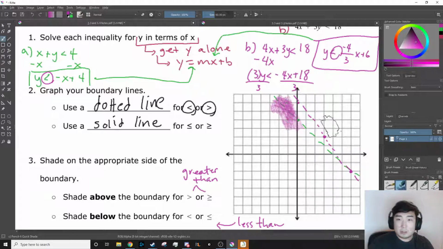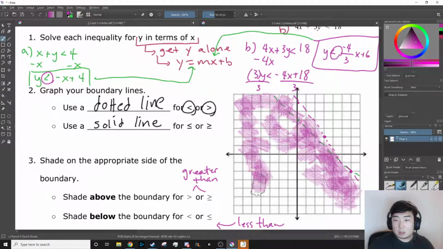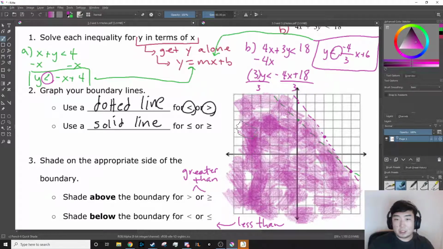Oh no, it's too dark. What's a tool that I can use? I guess I can use that scrunchy. So anything below it.